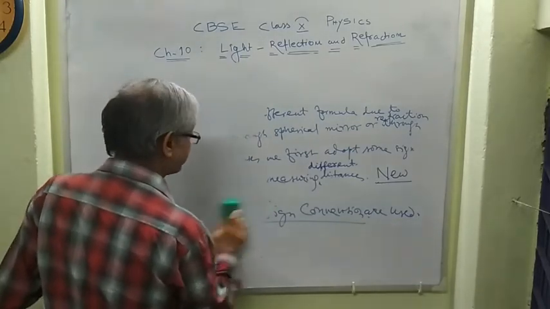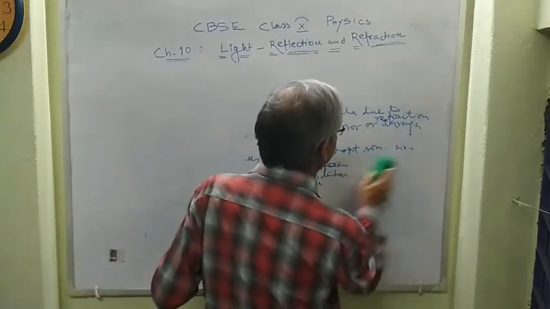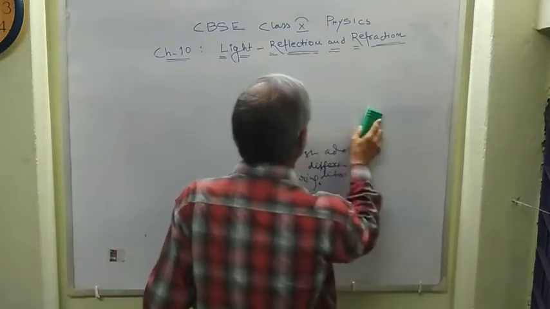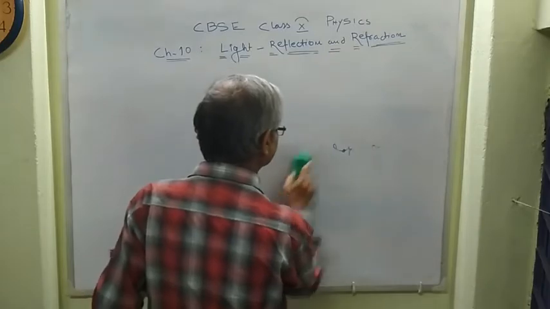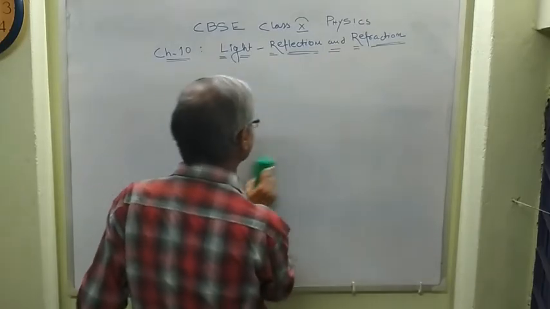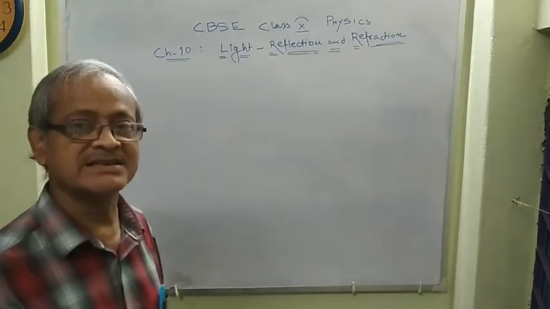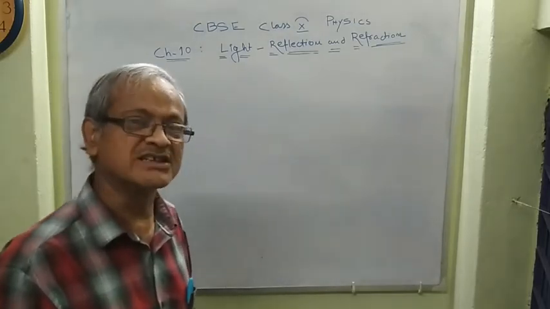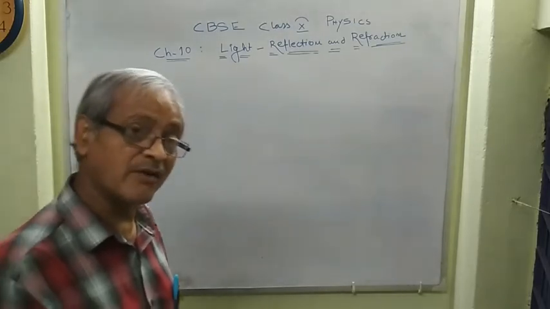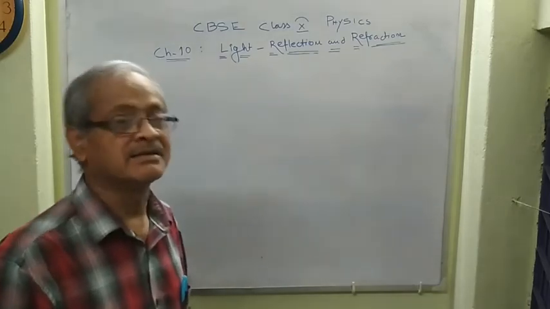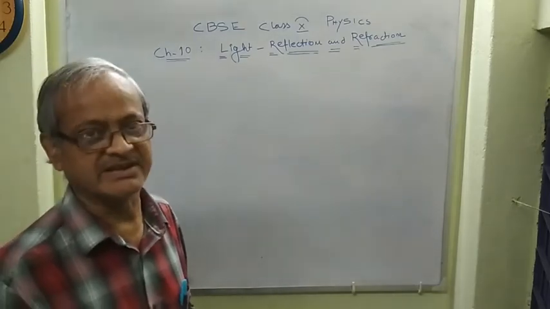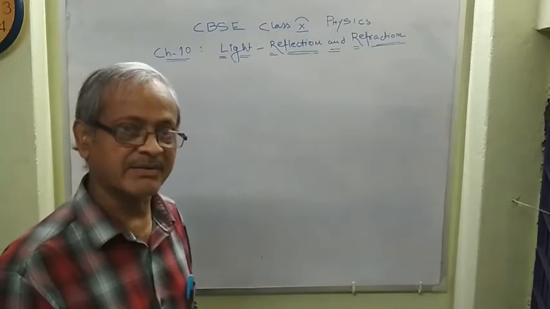At first, some assumptions are taken here before using these new Cartesian sign conventions. The object will be taken as a point object, which is placed on the principal axis, and obviously, hence the image will also be a point-like image. Remember it.